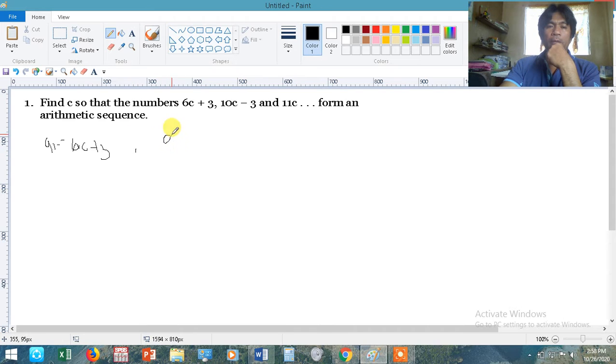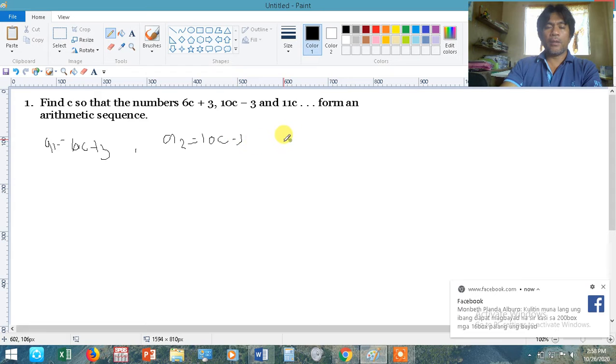And A sub 2 as given is 10C minus 3, and A3 is equal to 11C.